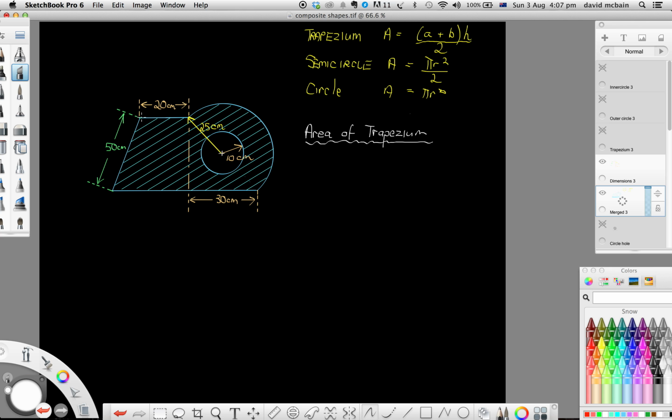There's the top of our trapezium. That's a, so clearly a equals 20 centimeters. The base of our trapezium is not so obvious. We know that this section here is 30 centimetres, but what's the rest?